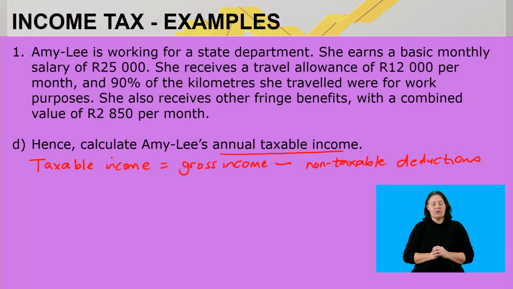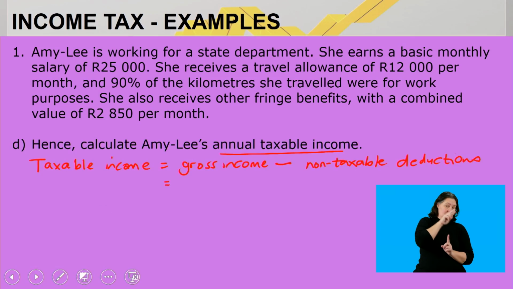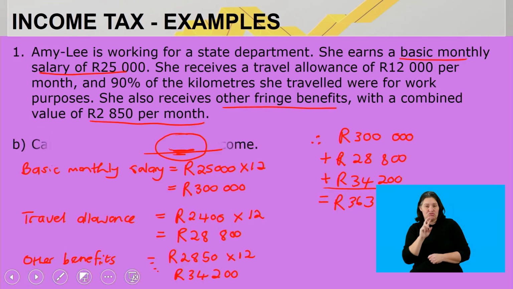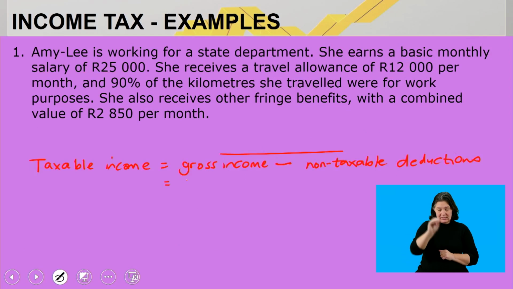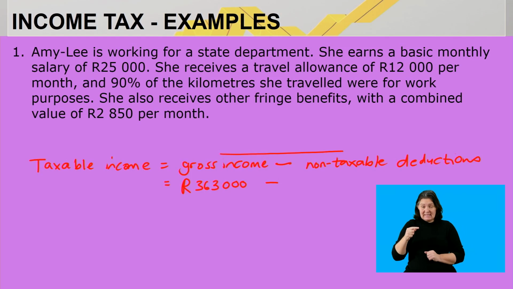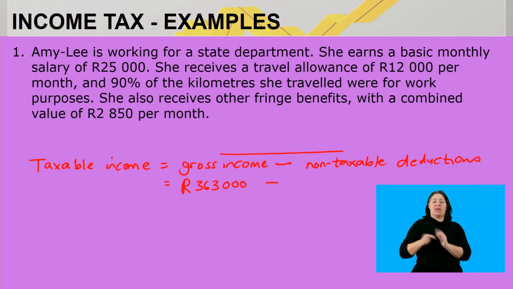Okay, so we already indicated earlier on that the gross income, and I'm going to quickly go back. Let's look at what is our gross annual income. Can we see? Here is our gross annual income. That is 363,000 Rand. Okay, so gross annual income, and I'm going to substitute that now. That will be 363,000 Rand minus, right? Here, in this case, we only have the pension fund contribution. That is a non-taxable deduction, right?